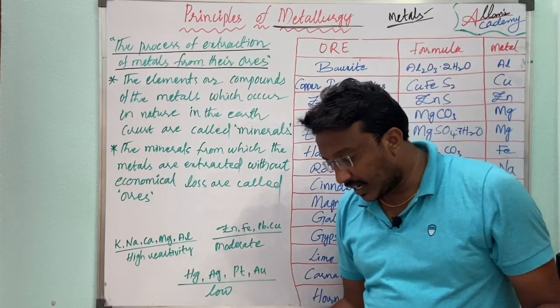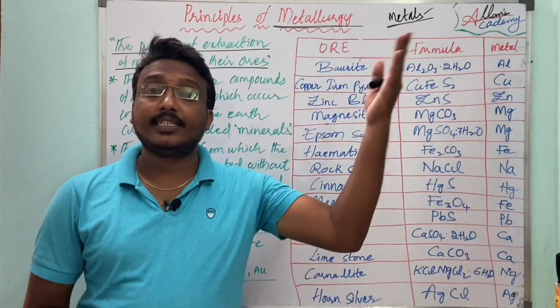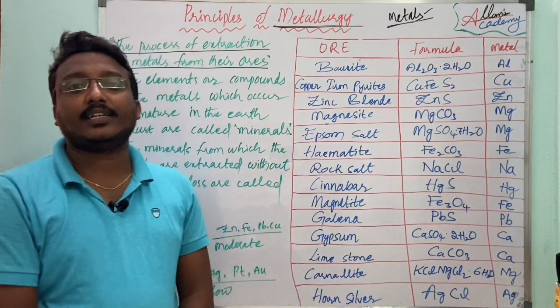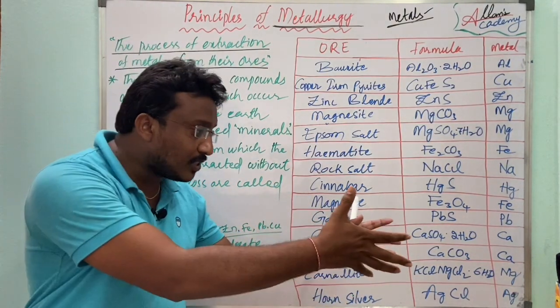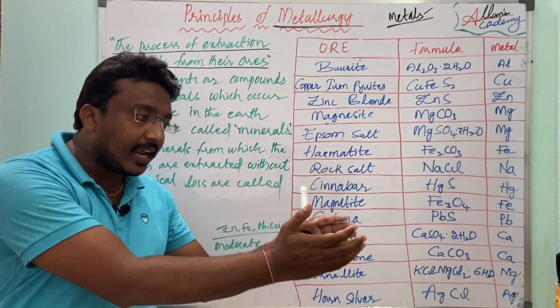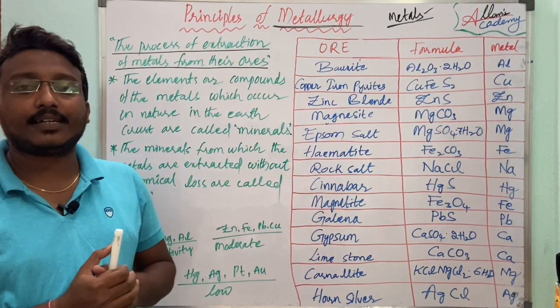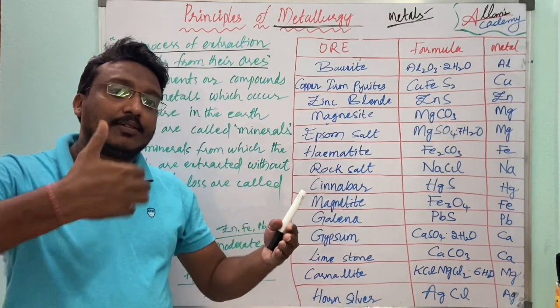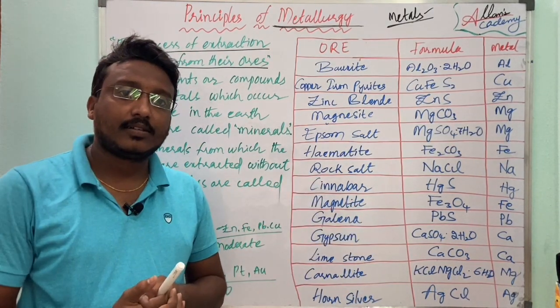Seawater contains many salts like sodium chloride and magnesium chloride. From sodium chloride we collect the sodium metal. From magnesium chloride we can collect magnesium as metal.